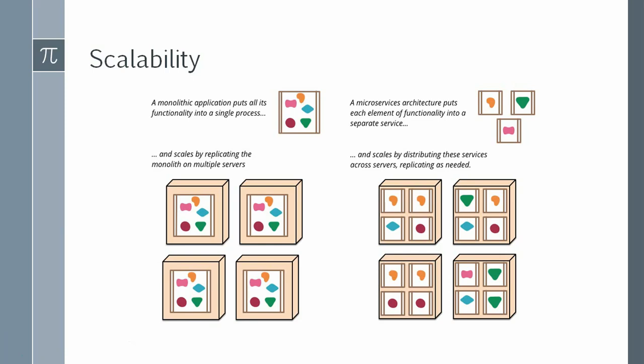As you see here, in a monolithic system, because all the functions reside in a single process and you have the whole application in one place, whenever you decide to scale up, scale down, or do some replication, you should replicate the monolithic system on multiple servers.